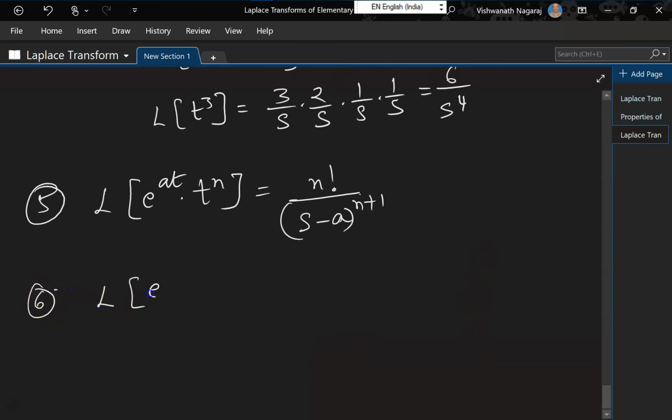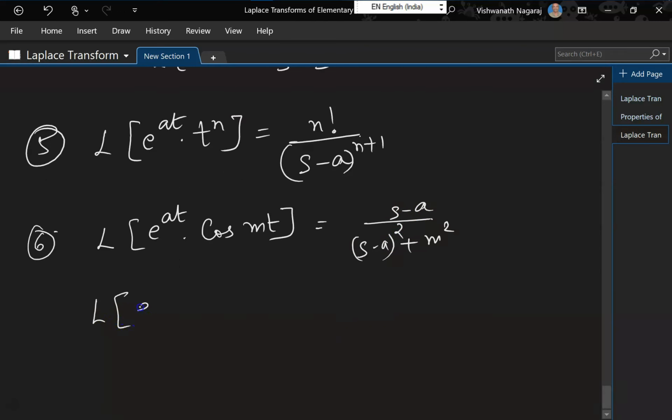Laplace transform of e to the power of at times cos mt. If you just look at cos mt, it is s by s square plus m square. But here now, because of this at, this would become s minus a over s minus a square plus m square.